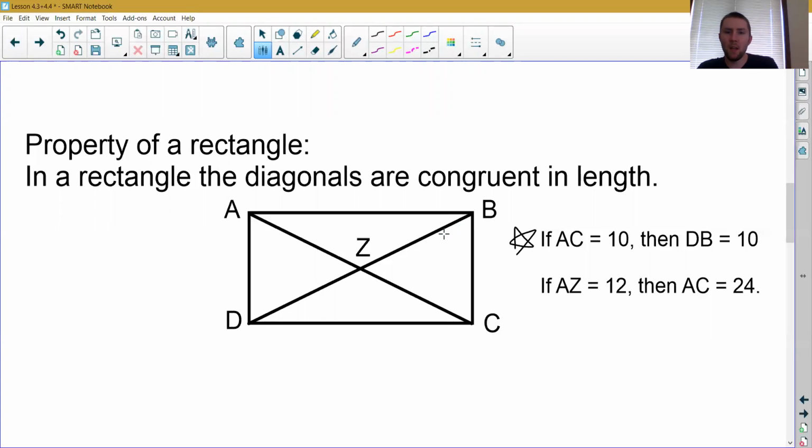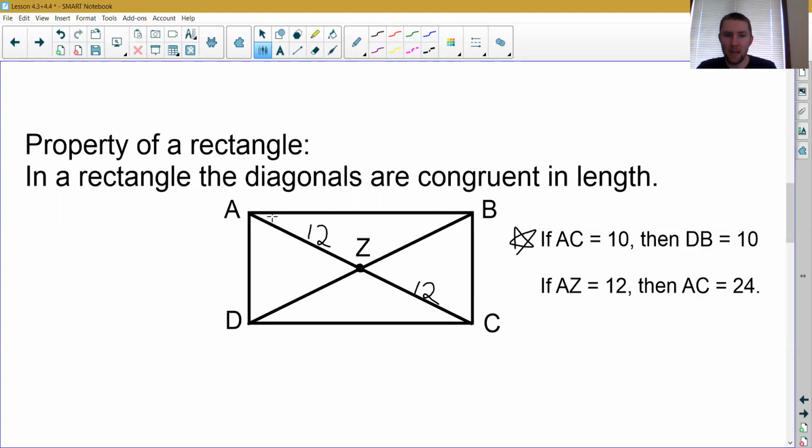Now, it's important to remember that rectangles are special parallelograms, and so all the properties of parallelograms also apply. The most applicable one for us is that the diagonals of a parallelogram, remember, bisect each other or cut each other in half. And so the distance from A to Z, right, from the corner to the middle here, if let's say that's 12, well, then this other part over here also has to be 12 because this point Z is supposed to cut that diagonal in half, which means the distance from A to C all the way across is 24.